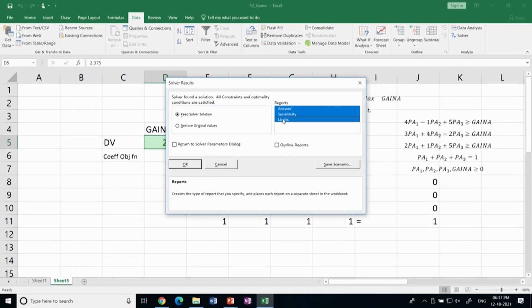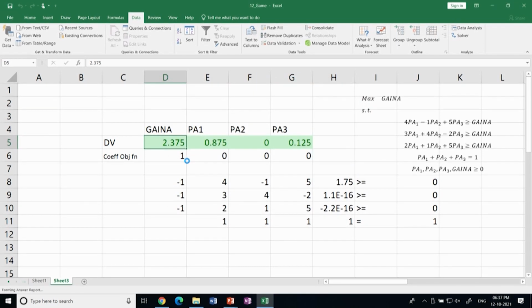answer, sensitivity, limit. When I solve it, the value of this game is 2.375. See the PA1, E5: the value of PA1 is 0.875, PA2 is 0, PA3 is 0.125.